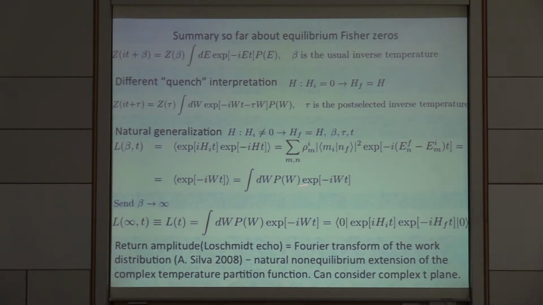This statement didn't care about beta, but now my L of infinity and T becomes really the return amplitude, right? Because now I'm taking weight with respect to the ground state. And this is, I'll call it Loschmidt echo, even though it's the square root of the Loschmidt echo, but somehow this terminology stuck. So we see that Loschmidt echo is indeed the Fourier transform of the work distribution. And actually, Sandra Silva was first to realize this, I think. And this is a natural non-equilibrium extension of the complex temperature partition function. Good.